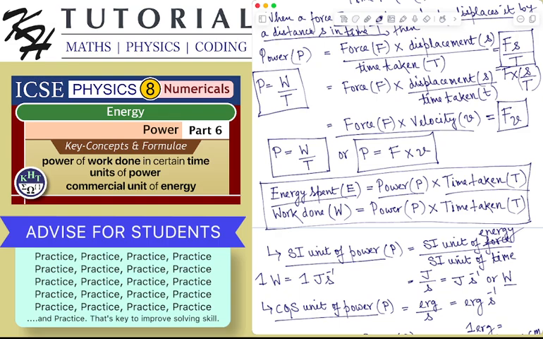So the power can also be considered to be the force applied multiplied by the velocity of the body on which the force was applied. So P is equal to W by T, P is equal to F s by T, and P is equal to F into V. These are three important formulas related to power.